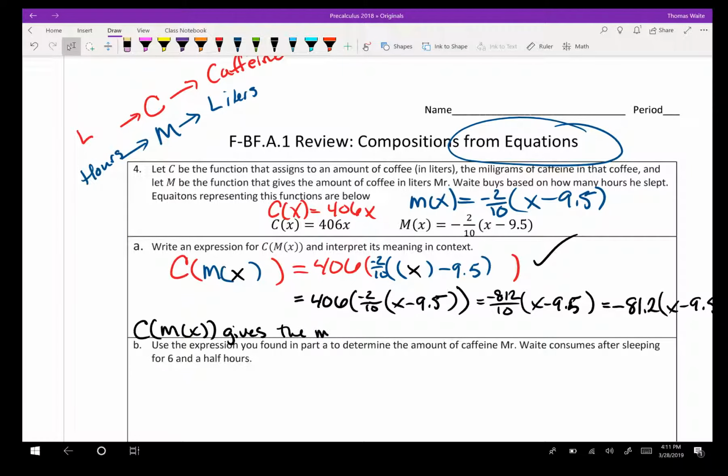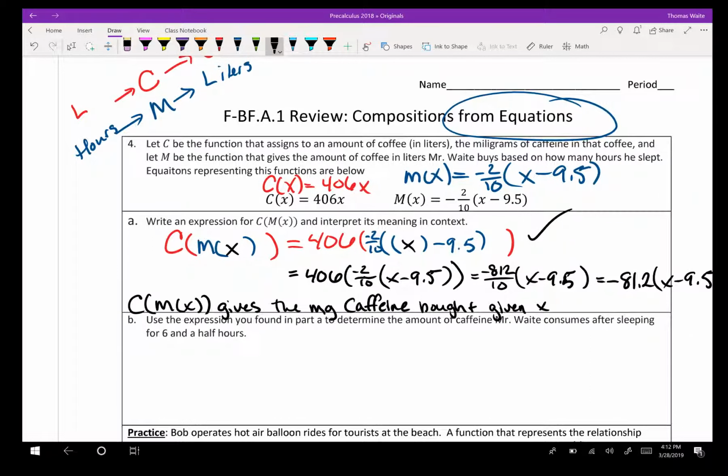So it gives the milligrams of caffeine bought, given x hours of sleep. Yep, x is what goes into M, and it is hours. So it's as simple as that: what comes out of C, our last function, what's going in, and then just saying that those are the input and the output.